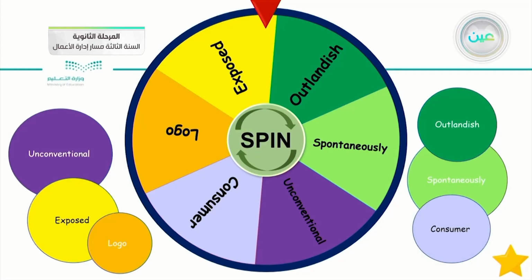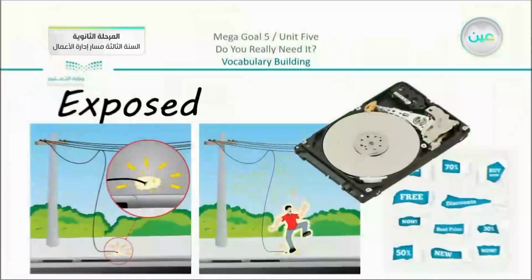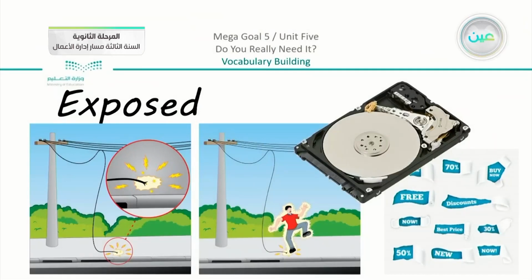We have the word exposed. Let's just see here. You can see that there is a wire that is open, that is exposed. Now here, this can cause some kind of danger. Also, if you have any kind of device and the device is open, it's exposed, it can be damaged.